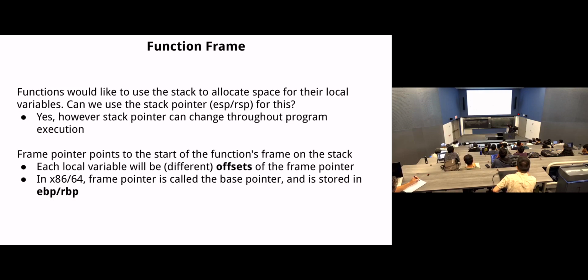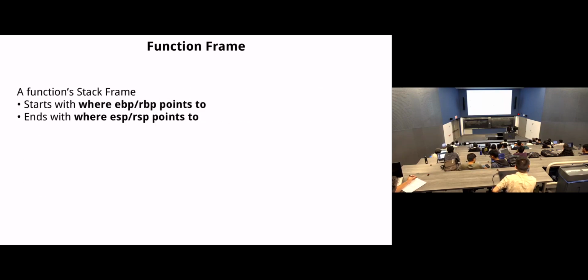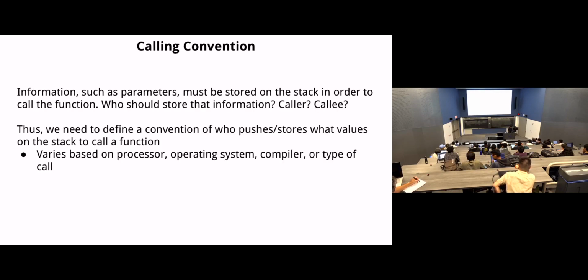Even though here we're talking about software, how we do this, the hardware is actually designed specifically for this kind of purpose. So a function frame, usually we say it starts from where its EBP points to and ends at where ESP points to. When we see more examples, it will be easier for you to understand. Right now, I see some of you are getting a little bit confused.